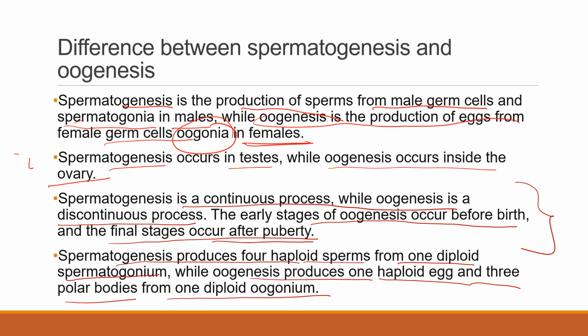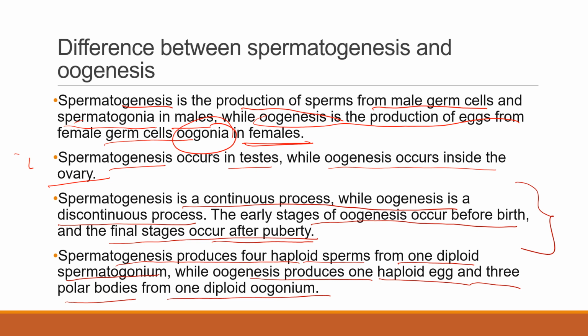Is it clear? So from 1 diploid oogonium, 3 polar bodies and 1 haploid egg are produced. But during spermatogenesis, 1 spermatogonium produces 4 spermatids. So like that the process is happening. There are major differences between spermatogenesis and oogenesis.